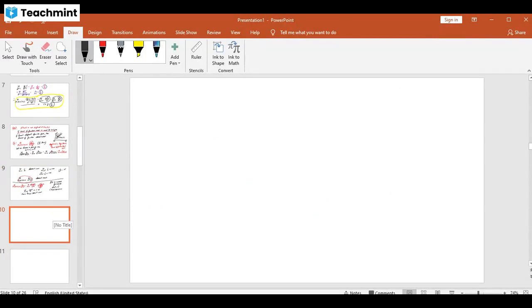Suppose we are considering another problem on the basis of the limit of a function. The question is: limit as (x,y) approaches (0,0) of x square upon x cube plus y cube.